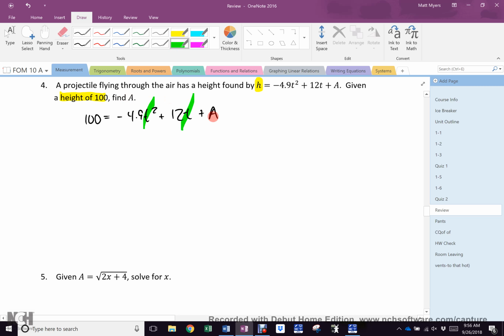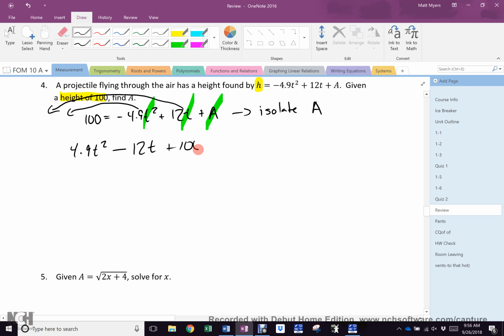You have two variables. All you can do is isolate a. So move that because it's minus. Move that because it's plus. 4.9 t squared minus 12t plus 100 equals a. That's all you can do.